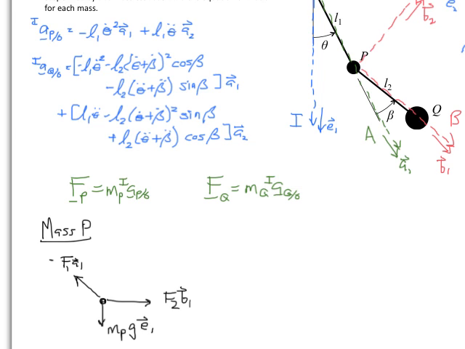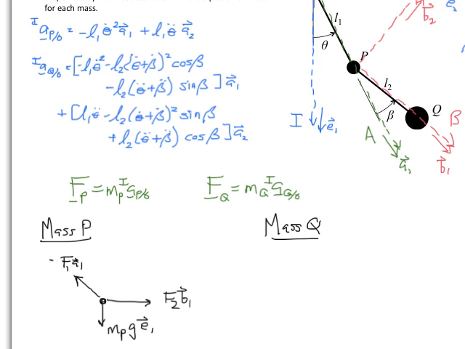A reminder about all the forces that are applied to a free body diagram: these should all be written as vectors. So we have a direction and a scalar, which is F1 in the negative A1 direction, F2 in the B1 direction, and then the force due to gravity, which is in the E1 direction.